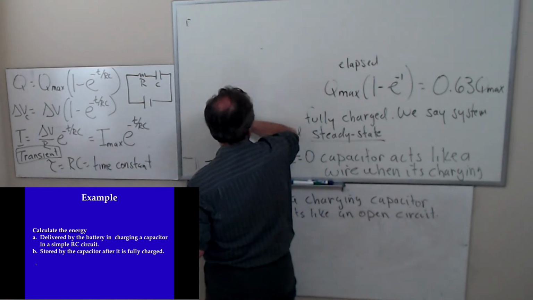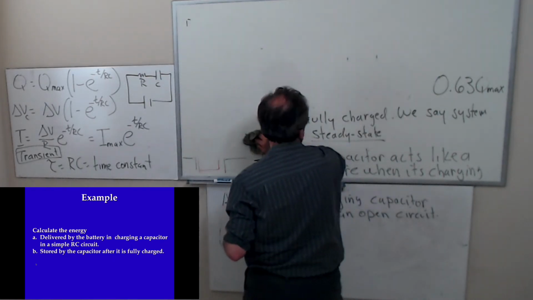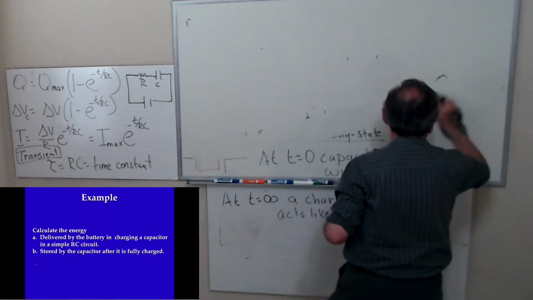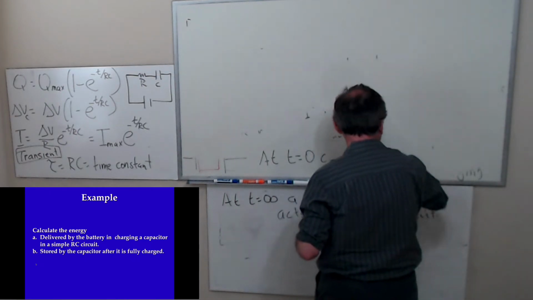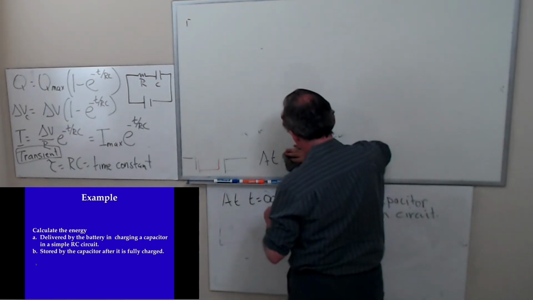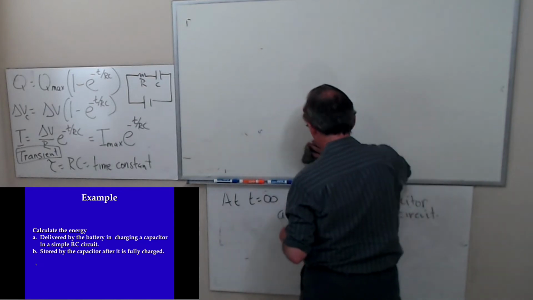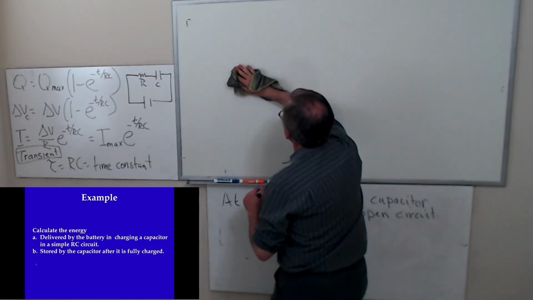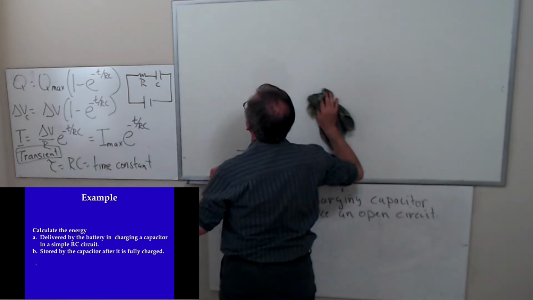Let's talk about the energy when you charge a capacitor. What does the battery do? Creates a potential difference between everywhere in the circuit.